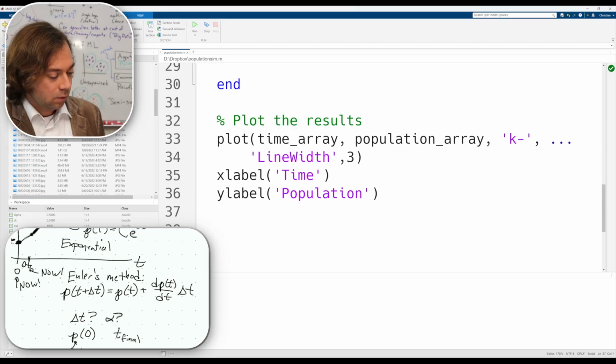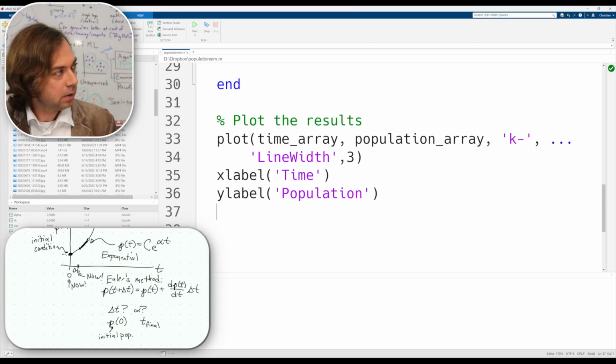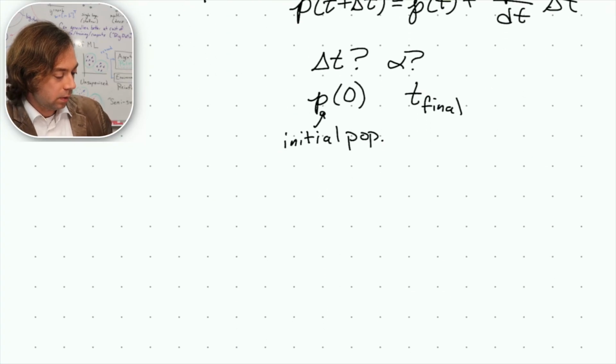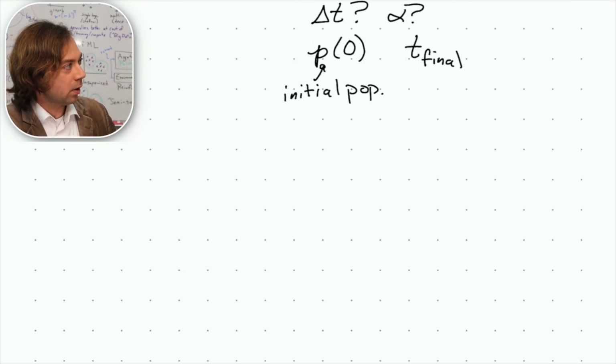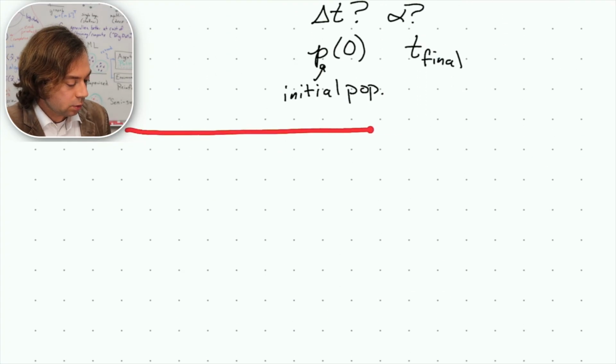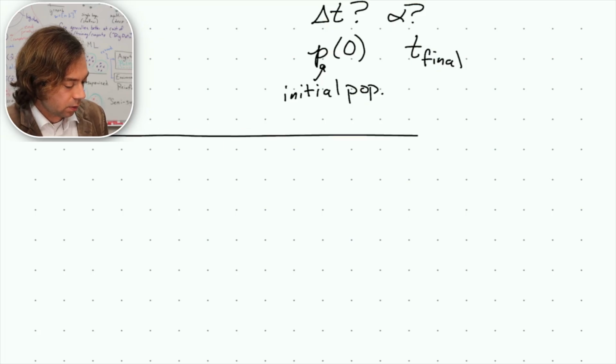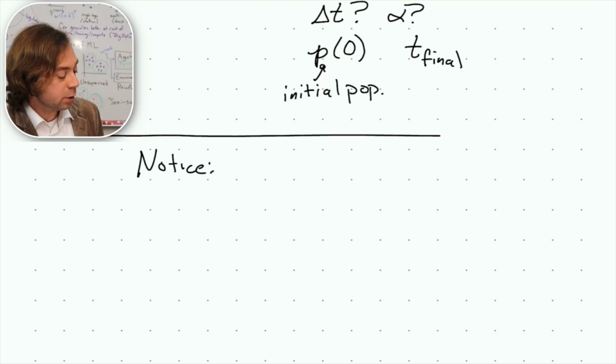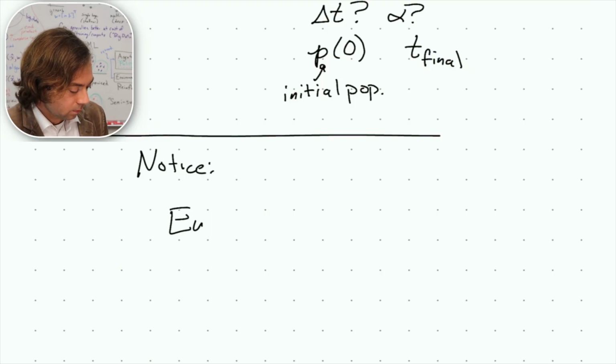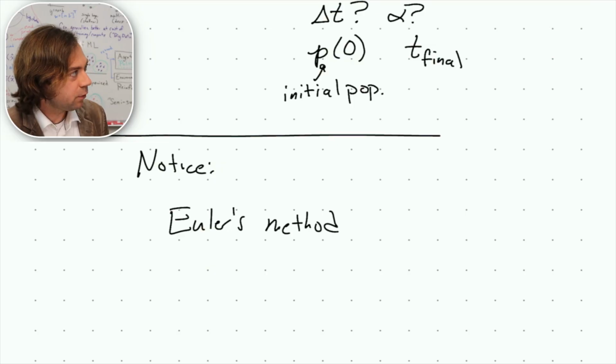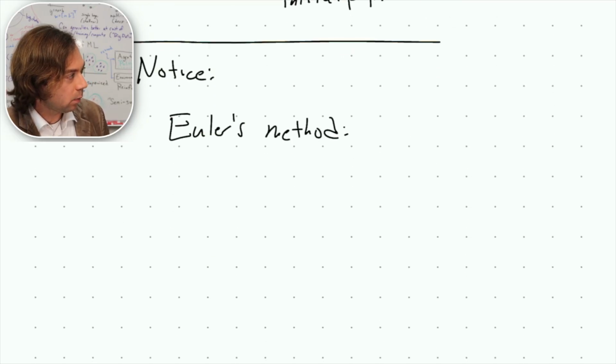So in the meantime, let's go to a system that's a little bit more complicated, right? First, a couple of things that you're going to notice. Notice that Euler's method has a few properties that we want to notice here.